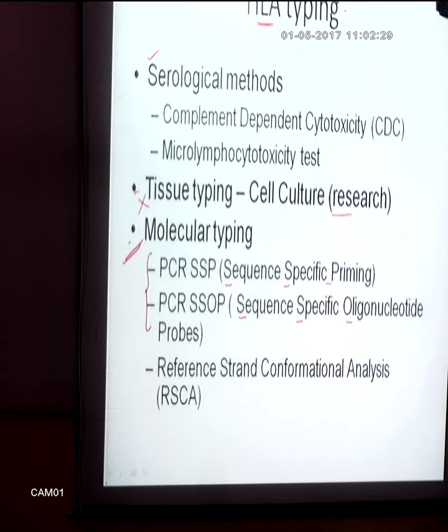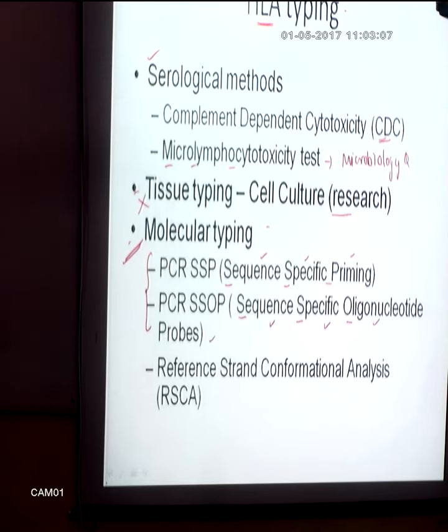Serological methods are complement dependent cytotoxicity. This was the most commonly done, a previous era's test. And microlymphocytotoxicity. This question has been asked in microbiology, a repeat question. In molecular testing, PCR based assays of sequence specific priming and sequence specific oligonucleotide probes.